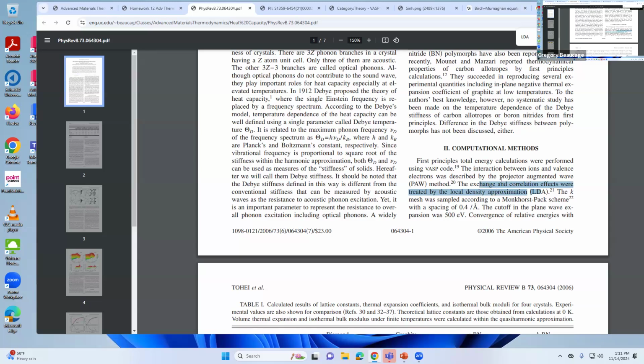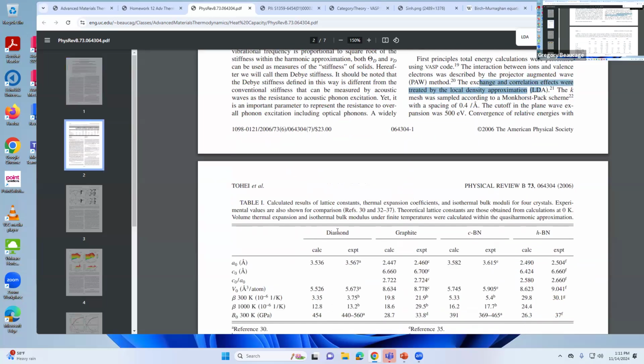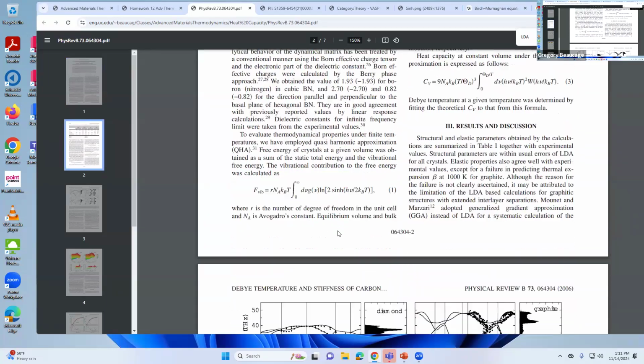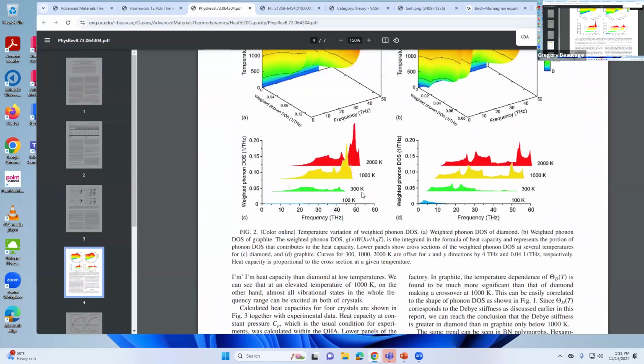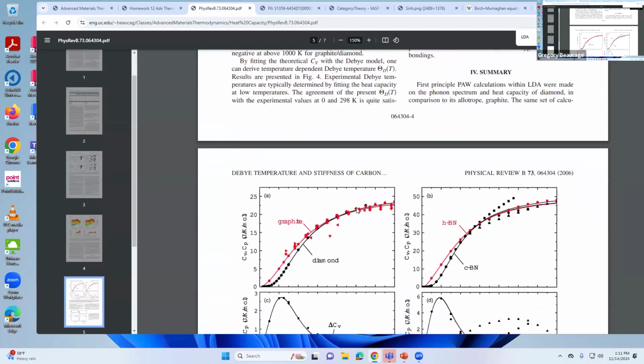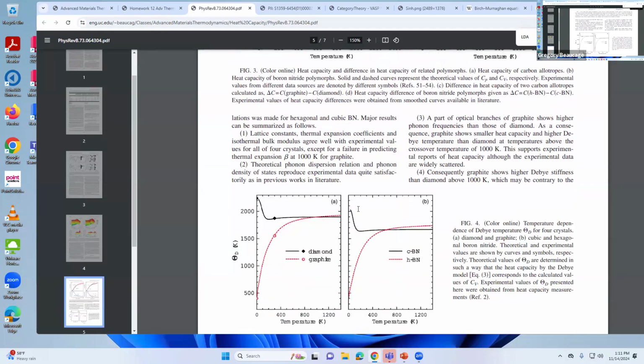This is just how he did the simulation. Anyway, there are different approximations. You don't need to know what they are, I don't think. You can look it up if you want, but basically LDA is the local density approximation. And then here's the harmonic approximation. He keeps using the symbols, so you have to go back and figure out what he says.